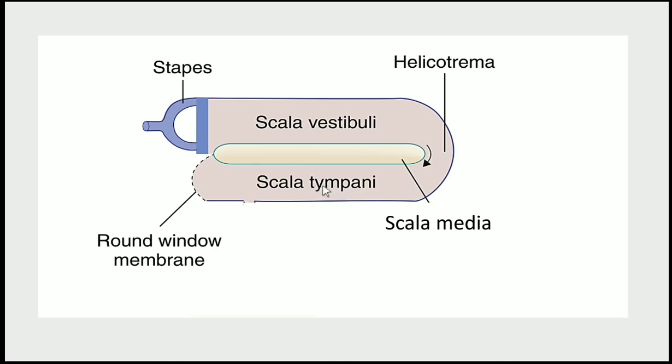So this is the helicotrema at the apex, at the end part or top of the cochlea. So vestibuli fuses with tympani through the helicotrema, and then tympani at this point has the round window. At the upper point is the oval window where vestibuli begins.